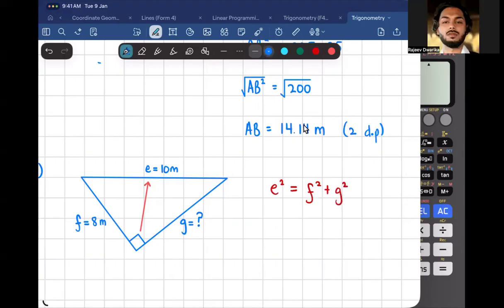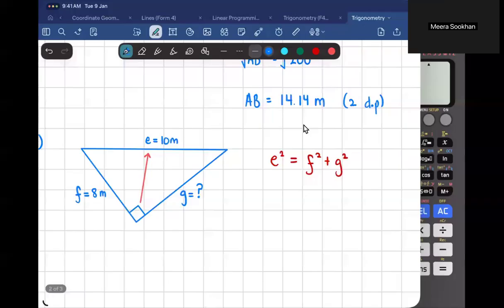Right. Joshua, did you write the formula? Okay, I'm not hearing Joshua. Mira, let's continue. So you have this, right? Okay, what is E? E is 10 meters. So 10 squared, right?